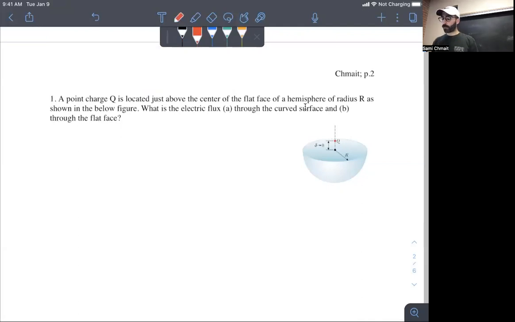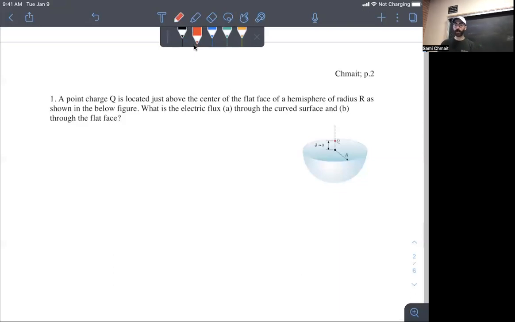Okay, so in class, we worried about the cases where there's a charge inside the Gaussian surface. Here we have a charge located right above the surface. So by nature of this question, there is no charge enclosed within the Gaussian surface.